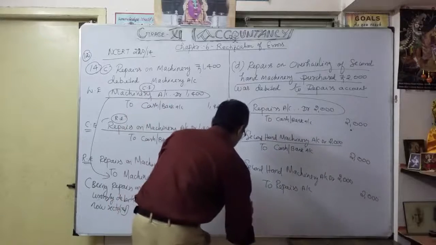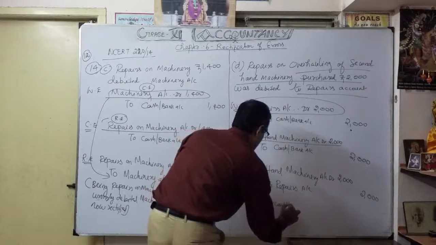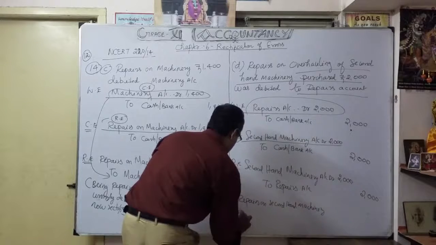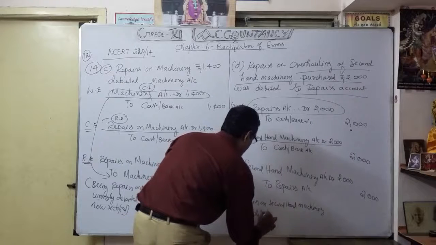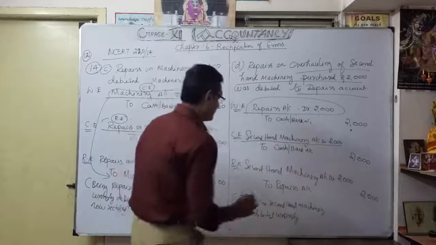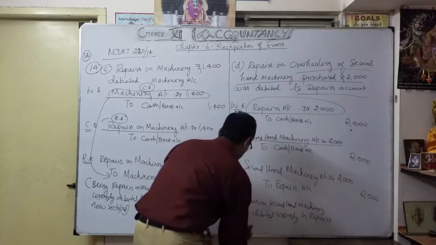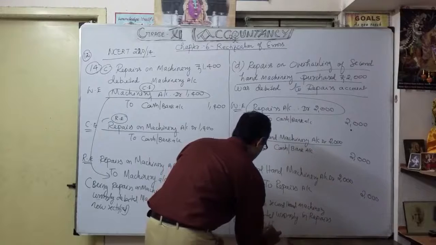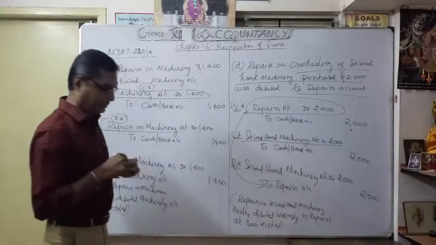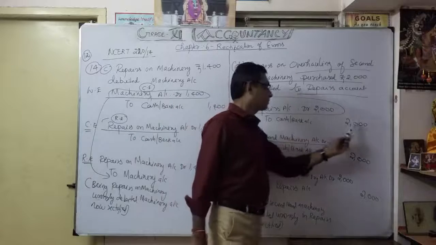Repairs on second hand machinery, earlier debited wrongly in repairs account. Now rectified. Okay. That's this one. Understood? Narration is very important. That's the fourth one. So repairs account debit 2000 to cash and bank account 2000.